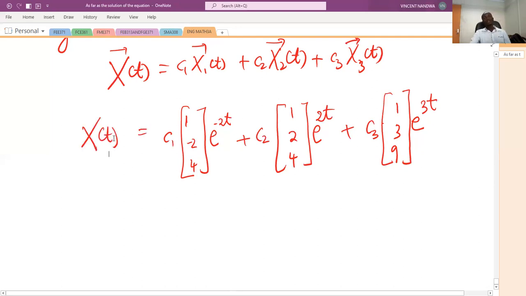But the interpretation of x of t is a vector with entries x1 of t, x2 of t, x3 of t.